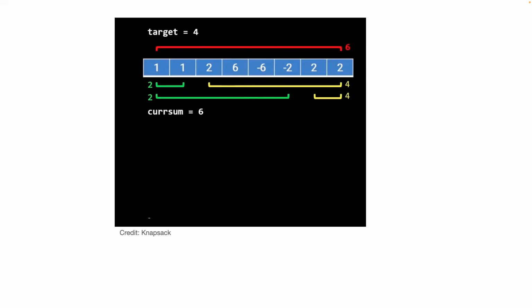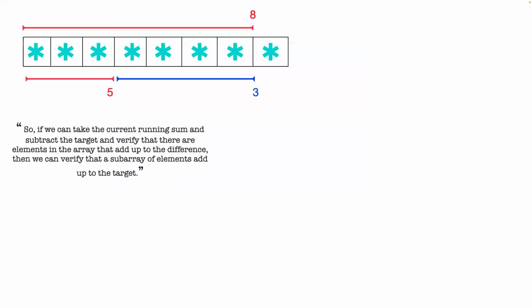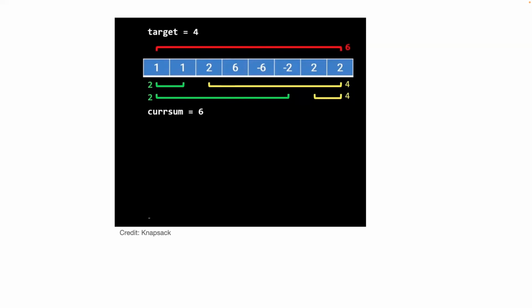So we have to introduce a data structure that will store the frequency of the sum of subarrays. And then for the running sum, in this case it was 6, in the previous case it was 8, we ask ourselves, can we subtract off the target, and does a subarray exist somewhere in the past, or do multiple subarrays exist somewhere in the past, that add up to the difference of the current sum minus the target?